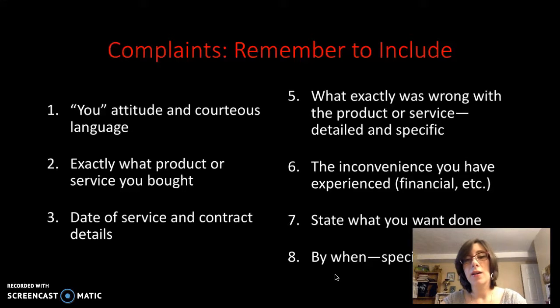So just say exactly what was wrong with the product or service, and then think about the inconvenience that the customer experienced, and make sure the customer says what they want done and by when, because you're going to have to say yes to them as well as no to them.